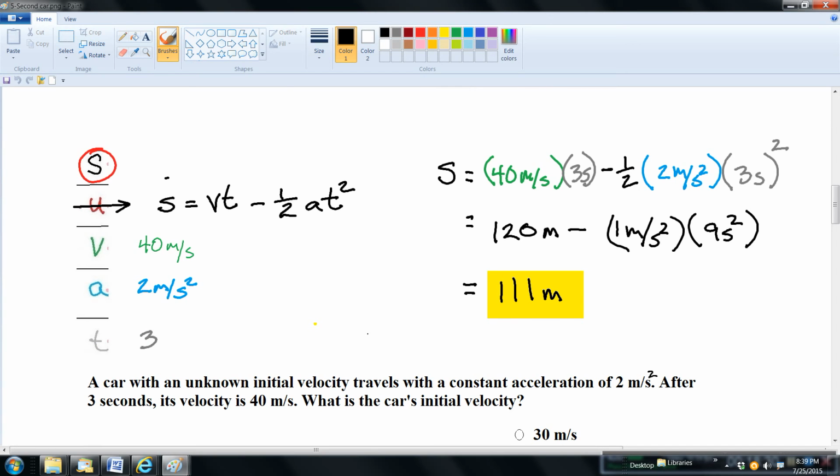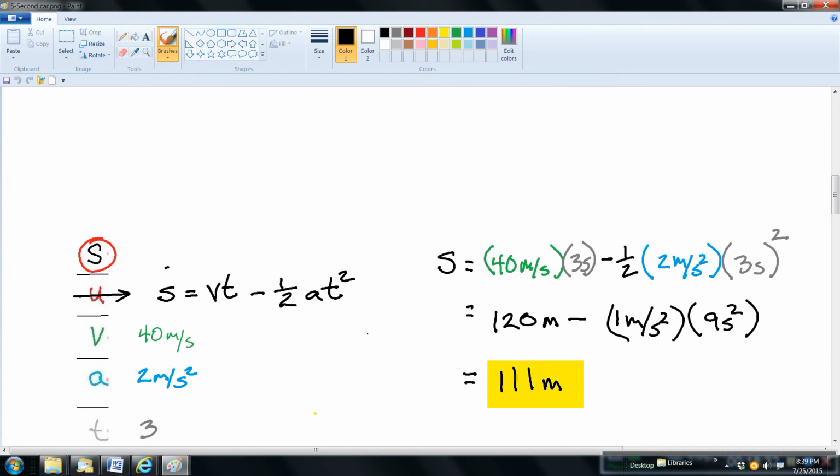Okay, so what we're going to do is plug in our information, and again, we don't have to move anything around. We put everything in and keep our units there, make sure they all cancel. 3 seconds times 40 meters per second, the seconds cancel. We have 120 meters minus, and we've got 9 seconds squared times 1 meter per second squared.